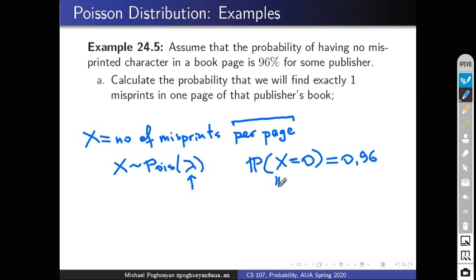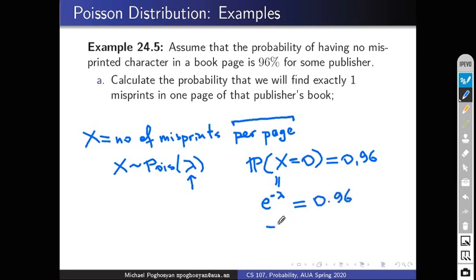We know that the probability that X is 0, if X is Poisson, is e to the minus lambda times lambda to the 0 over 0 factorial, and this is equal to 0.96.